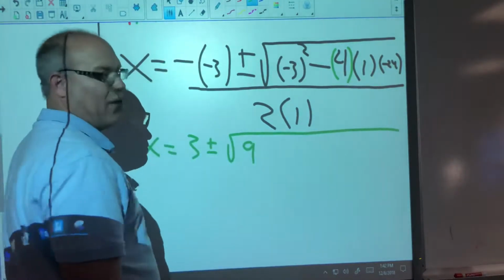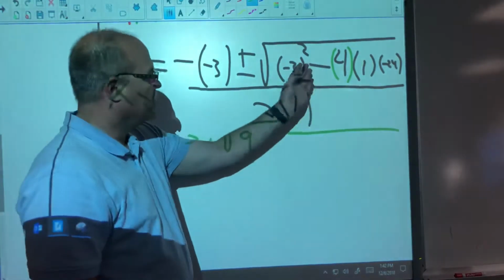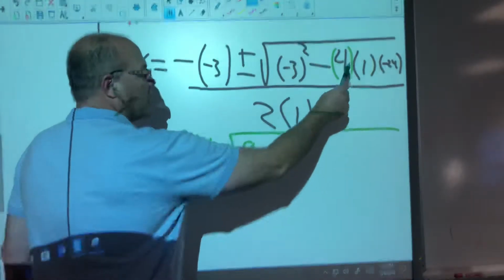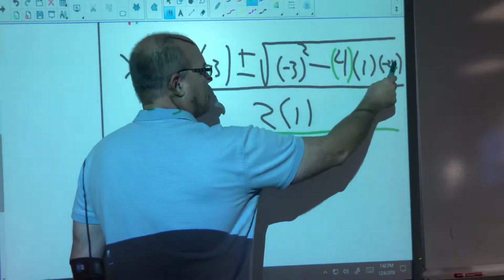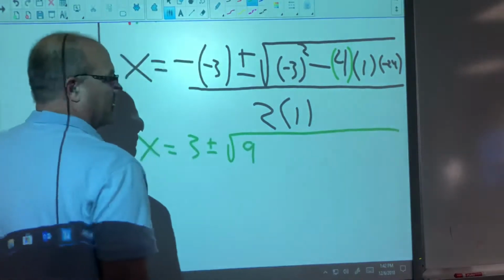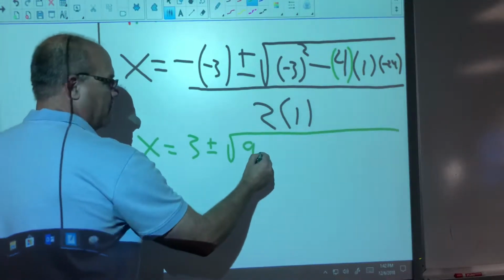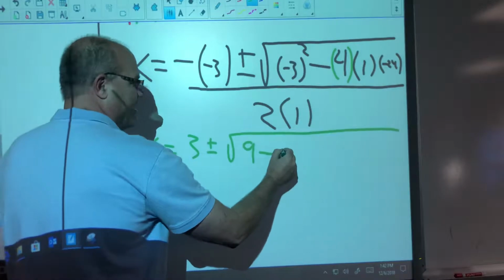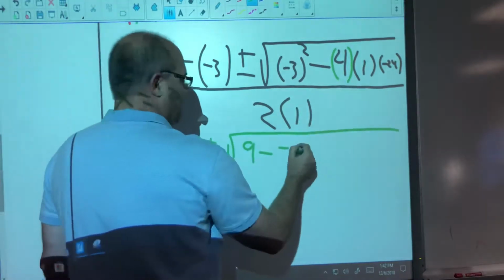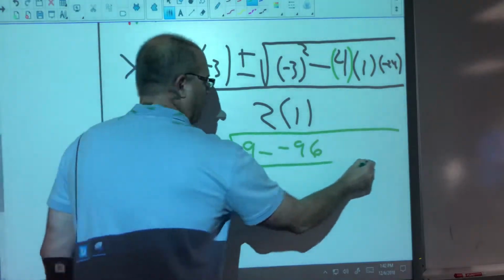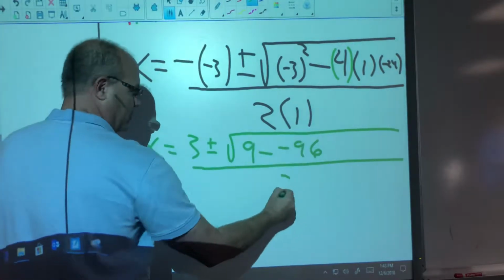That's usually not written that way in a formula, but you can do so. So you know that subtraction sign, +4. So we're going to go 4 times 1 times -24. That gives me -96. So it's going to be minus -96 all over 2 times 1, which is 2.